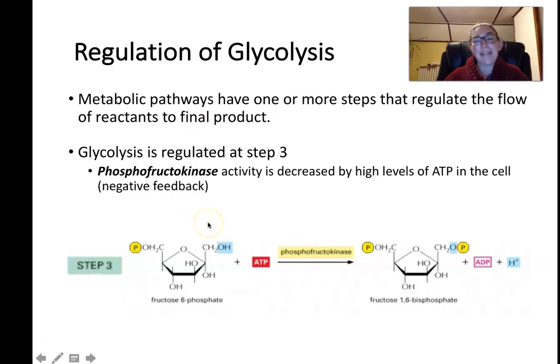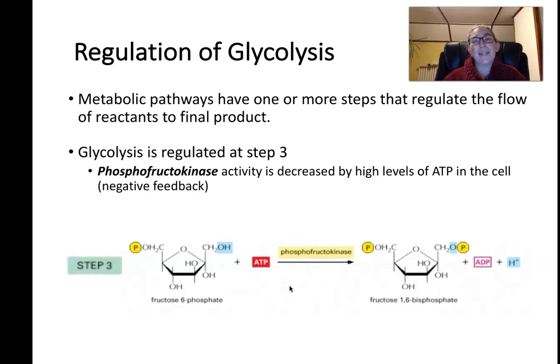And so ATP actually serves as an inhibitor of this enzyme, phosphofructokinase, or PFK for short, which is the enzyme that catalyzes step 3 of glycolysis. So when you get a buildup of ATP, it actually blocks phosphofructokinase and stops glycolysis from continuing.